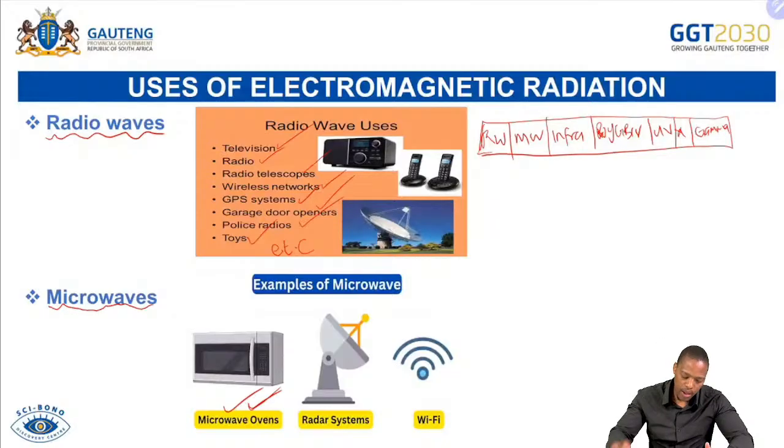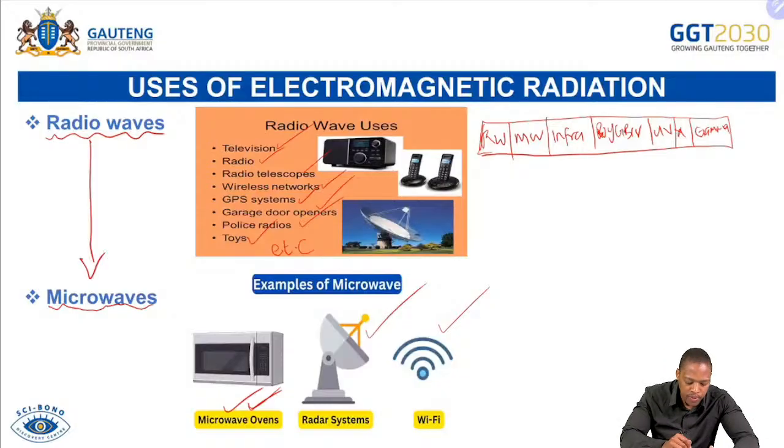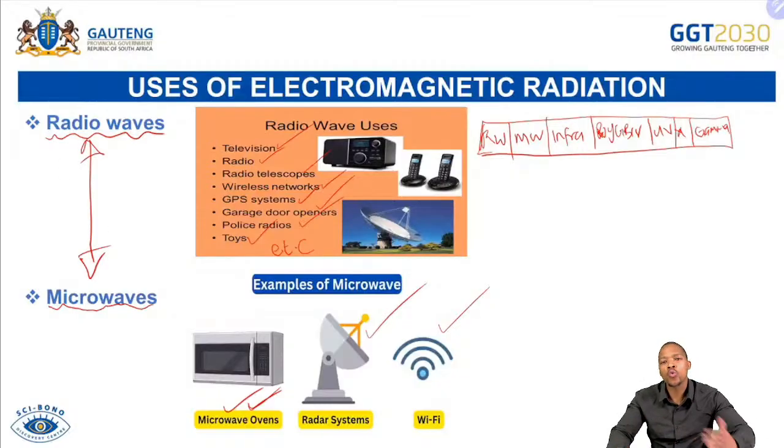Microwaves are also used in radar systems. Microwaves are also used in Wi-Fi, which is wireless networks. One thing you would notice about radio waves and microwaves is that they are closely related. Most things that you get from radio waves, you also get with microwaves, and vice versa. Both of them are mostly used for communication, because you would find satellites as well.